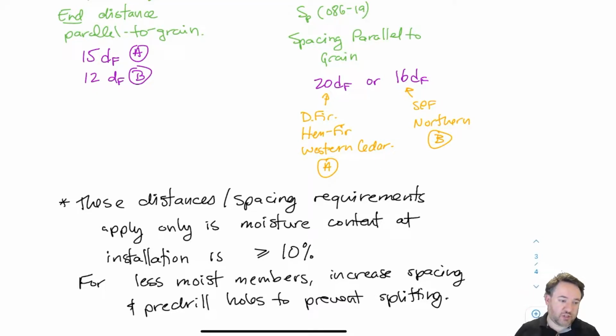Since moisture also affects stiffness, we should be aware that if we have a very stiff member because it's very dry, drier than an assumed regular moisture content above 10%, then we could get splitting in those members, even using these spacing requirements. So if we have very dry conditions, we should consider increasing our spacing requirements and pre-drilling the holes to prevent splitting.